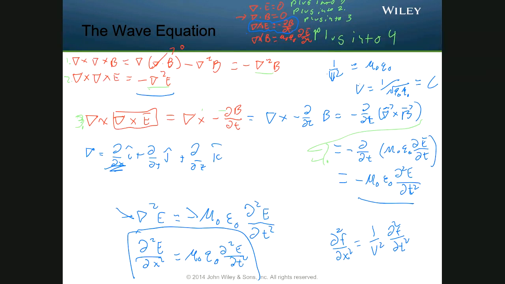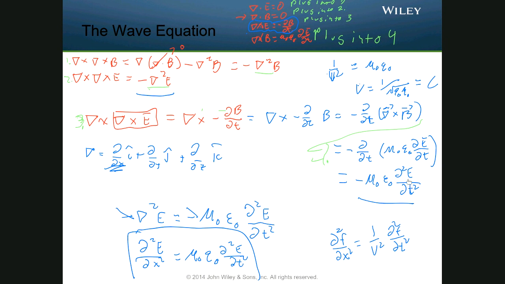Okay, and when we plug in del cross B from our Maxwell's equations equals mu naught epsilon naught dE dt into 4 here, we get this expression, which can simplify down into this minus mu naught epsilon naught times the second time derivative of the electric field. Okay? Chapter 3 cross product.